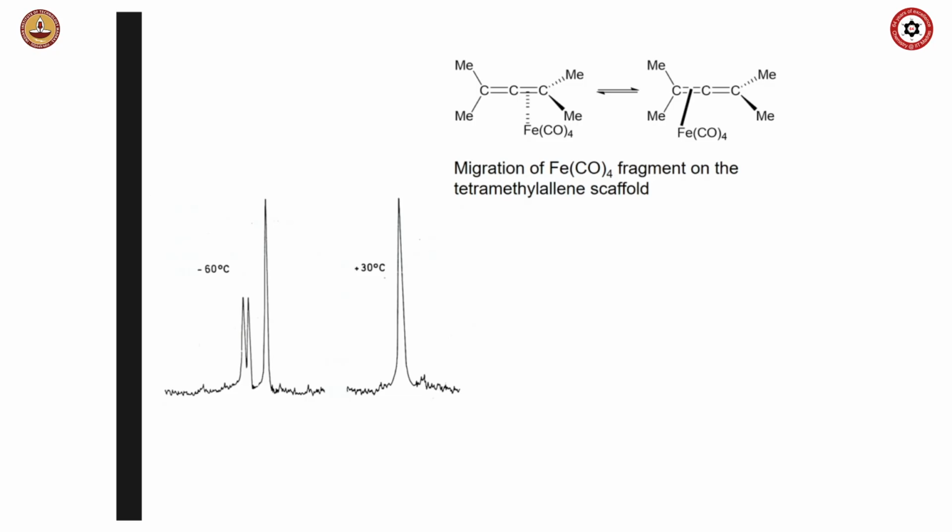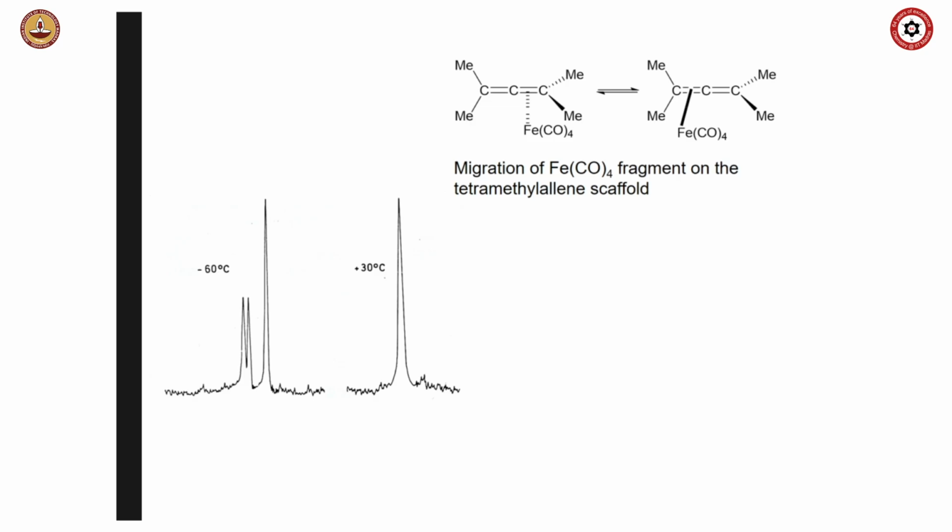If the iron carbonyl is going to shift from this position to this position, originally these 2 methyls are equivalent, and these methyls are different methyls in terms of spectrum. Chemical shift difference will be there in this methyl. Whereas in this particular compound, these 2 methyls will be equivalent and these 2 methyls will be non-equivalent in nature. So you should see 2 methyl peaks and 1 methyl peak, 1 6 hydrogen peak in the NMR spectrum.